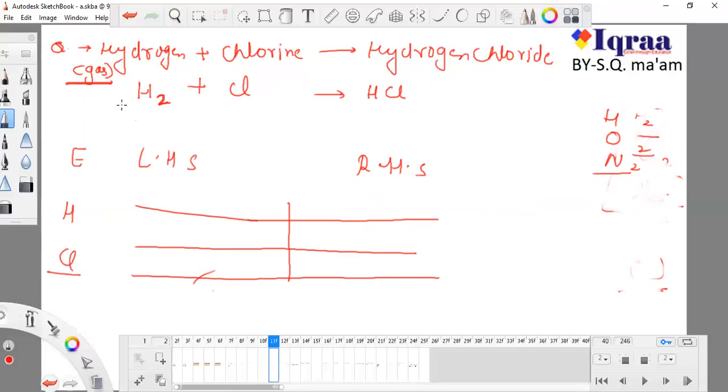The questioner didn't say hydrogen gas, but I know that hydrogen is always present in the form of gas, remember this. So it is 2 here, it is 1 here, and chlorine is 1 here, and chlorine is 1 here.